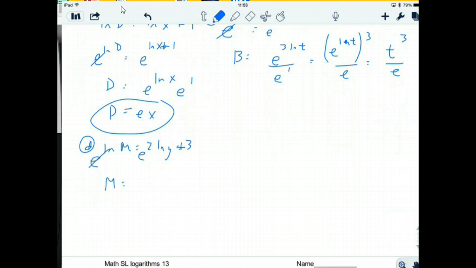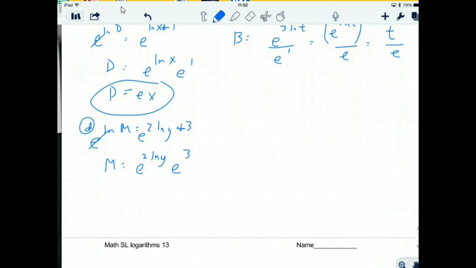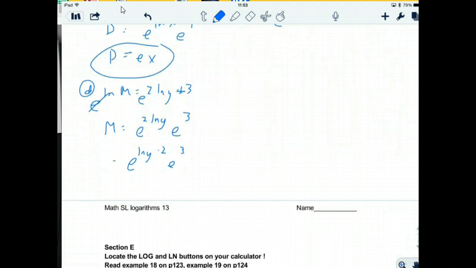That would be m equals e to the 2 natural log of y times e to the third. e to the natural log of y times 2 times e to the third equals m. e to the natural log y is just y squared. And then that's multiplied times e to the third.